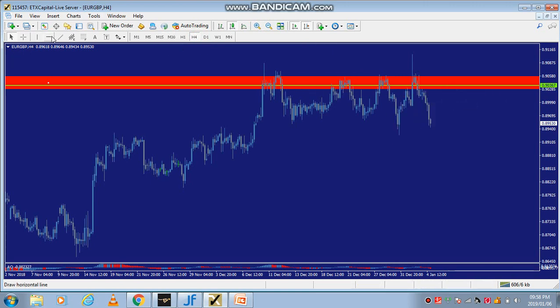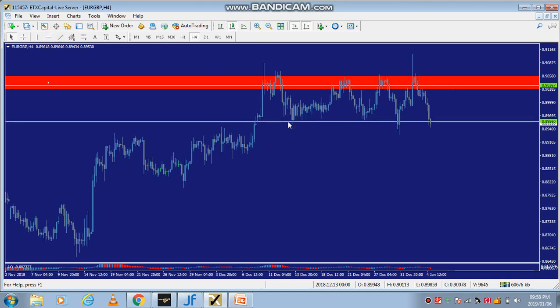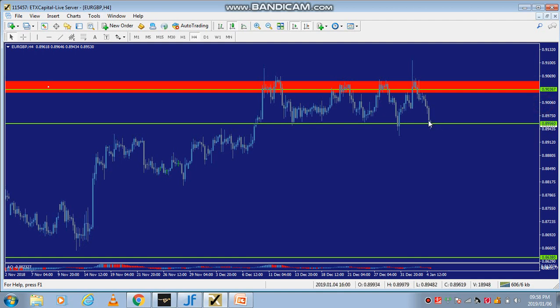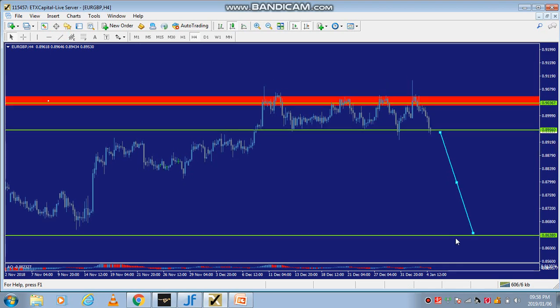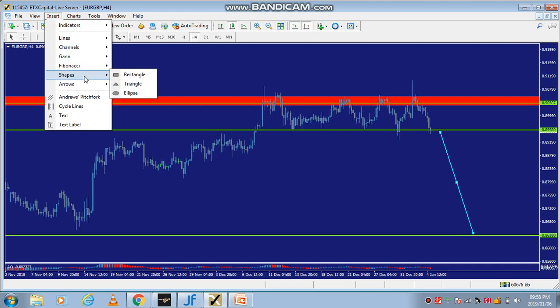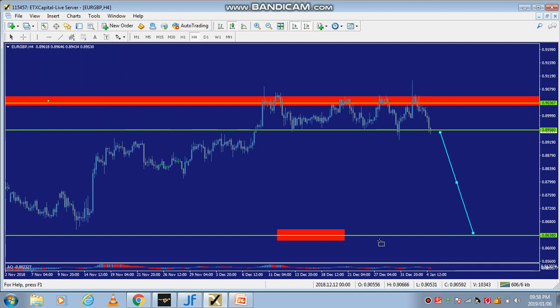And then there's another level here, a minor support. When this minor support breaks, it's going to become resistance. So you're going to try to sell this market somewhere here, and then it's going to come back down to this level, on this zone somewhere here.